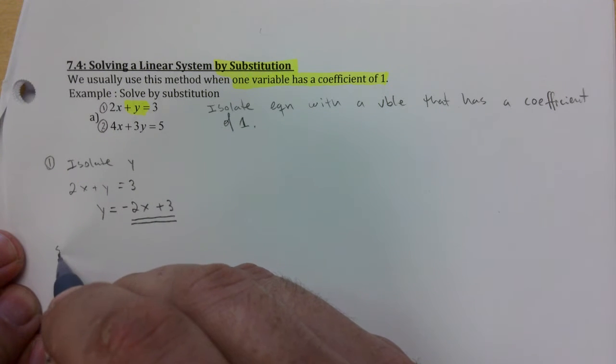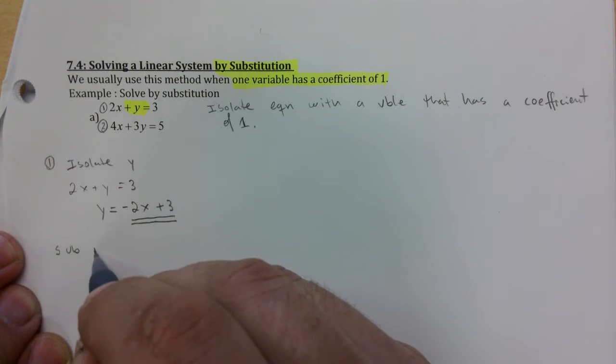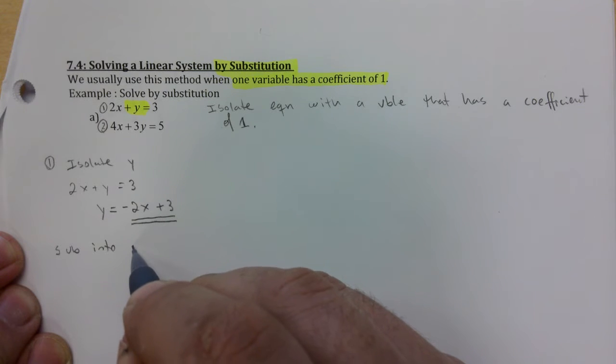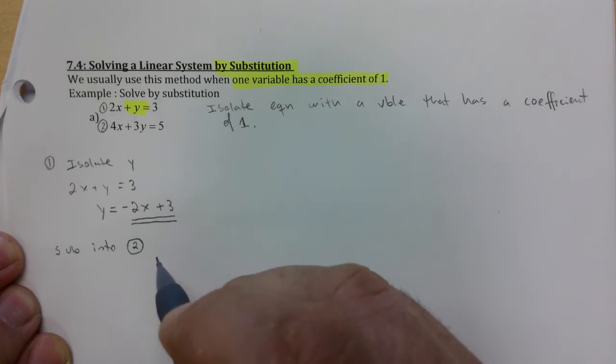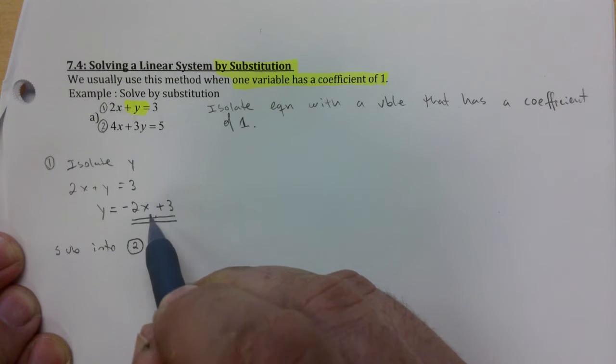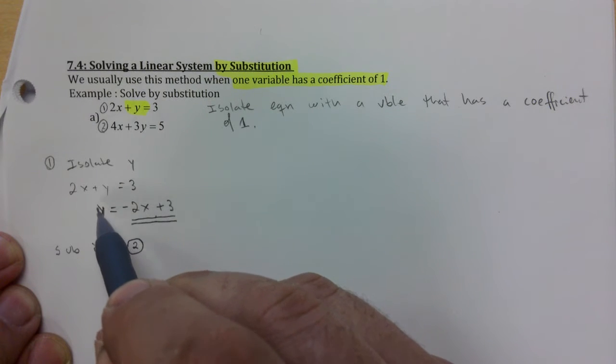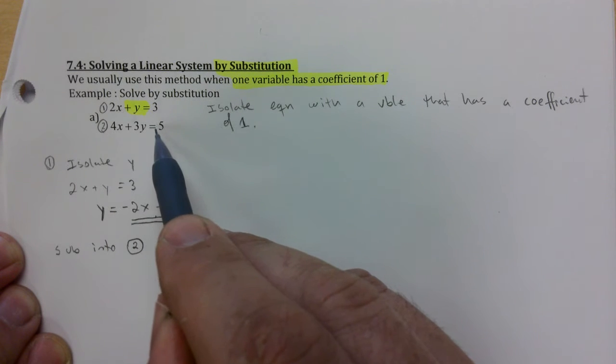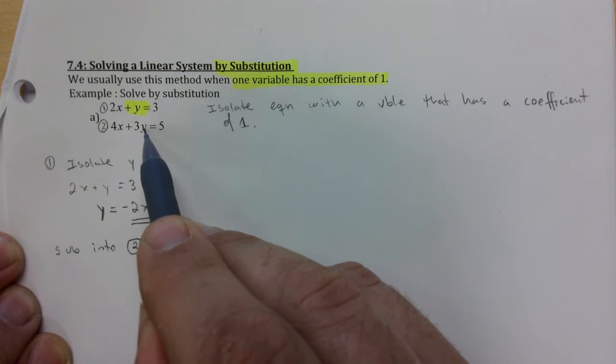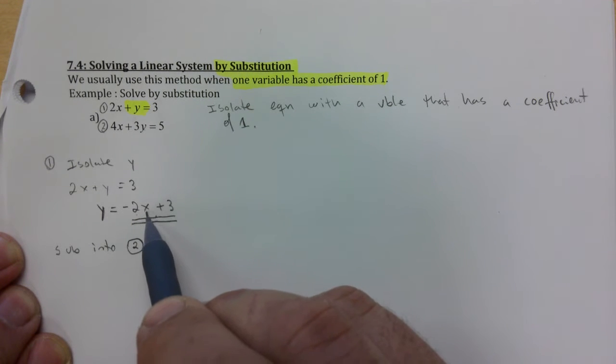And then sub into the second equation. We're going to substitute this, right? We're going to look for y in our second equation, and we're going to substitute that in with negative 2x plus 3.